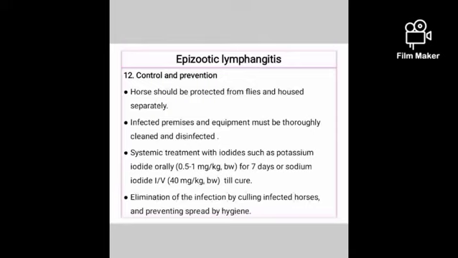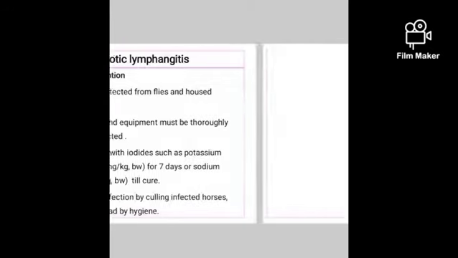Systemic treatment with iodide, such as potassium iodide orally for 7 days, or sodium iodide intravenously until the patient is cured. Elimination of the infection by culling infected horses and preventing spread through hygiene. So, that is the final prevention and control measure.